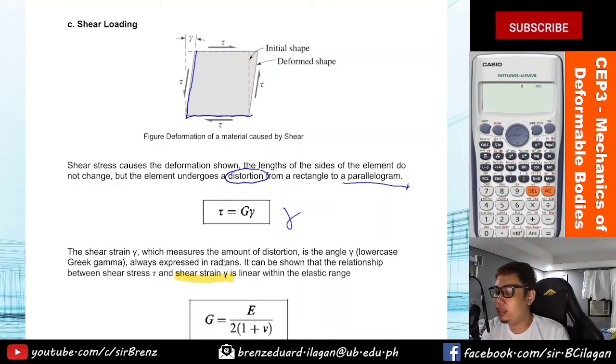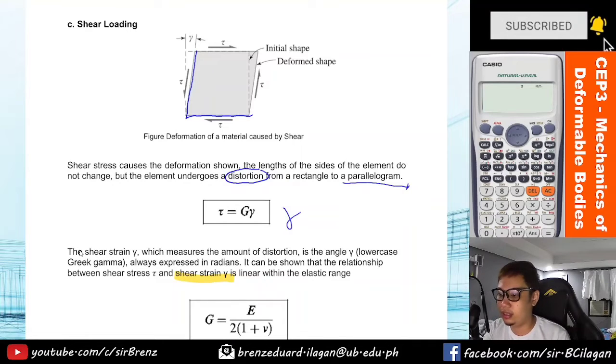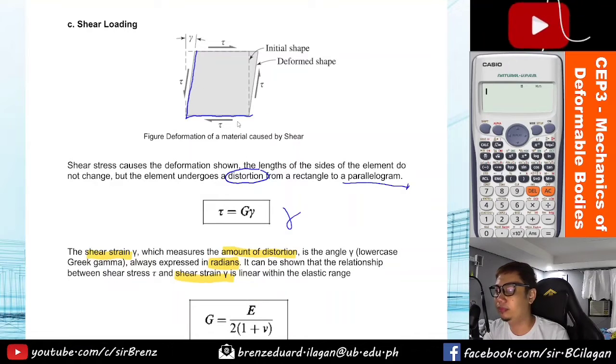The shear strain measures the amount of distortion. Again, our shear strain is used to measure the amount of distortion, and it is the angle gamma, lowercase Greek gamma, always expressed in radians. So guys, remember that the units of gamma should be radians.